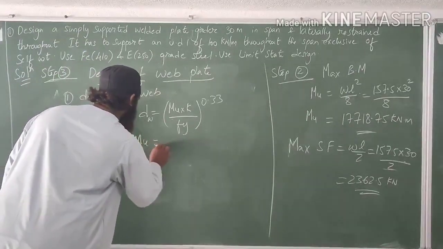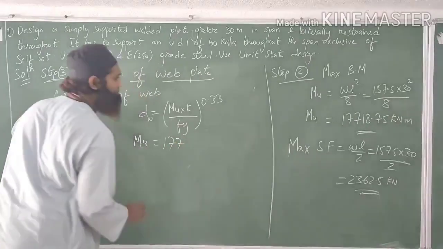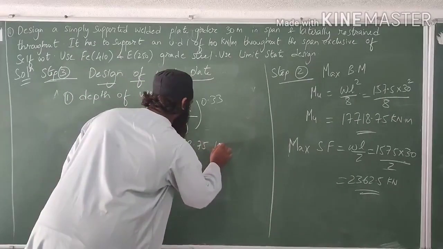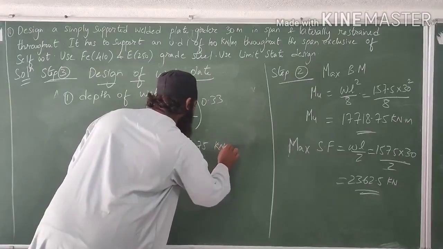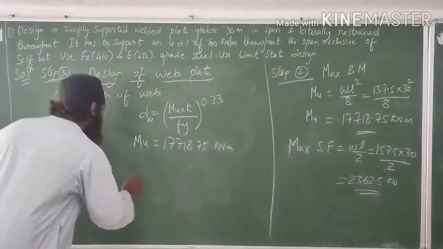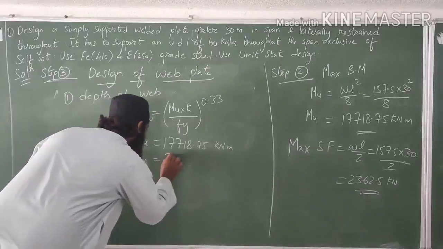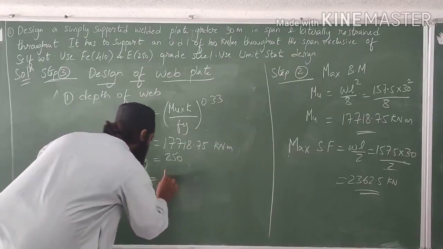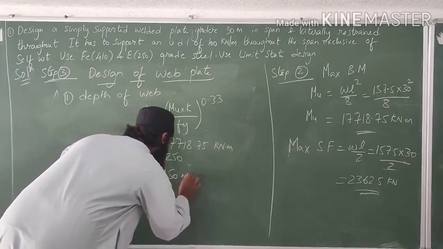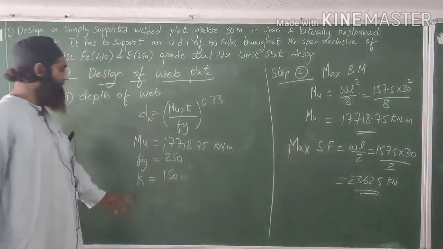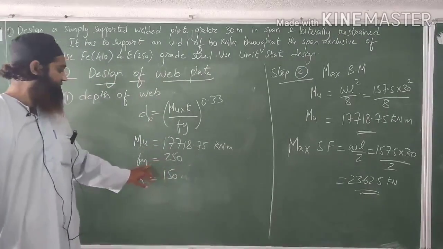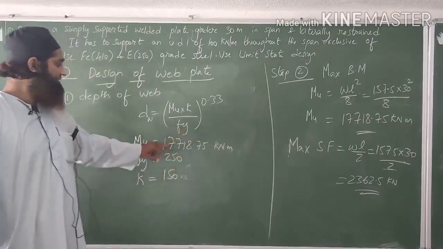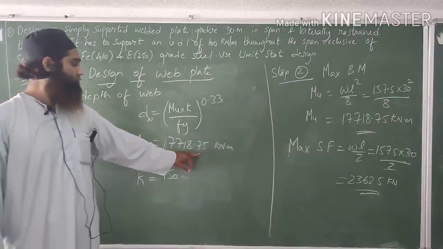MU is 17718.75 kilonewton meter, and Fy value is 250 Newton per mm square, and K is constant, which we take as 150 here. We will be changing MU also into Newton mm.